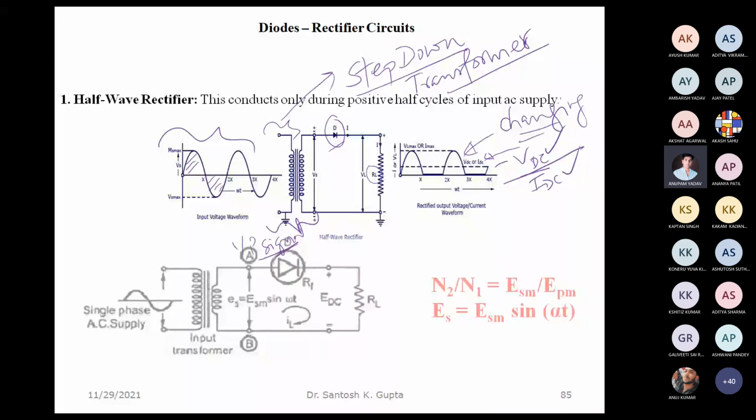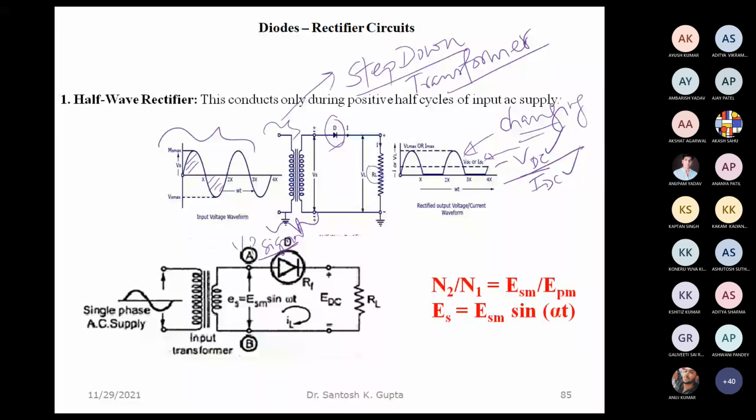We can also relate the turn ratio of this transformer to have a particular value of the voltage at the secondary of the transformer.